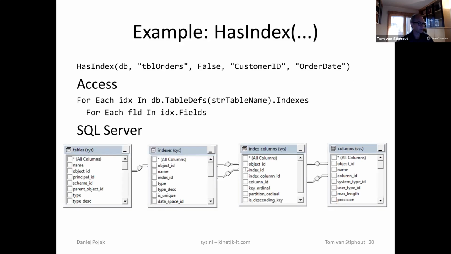In SQL Server, we would do the exact same thing, but using a query across 4 of those system catalogs. So it's good to know that these are there, and you should really use those to your advantage.